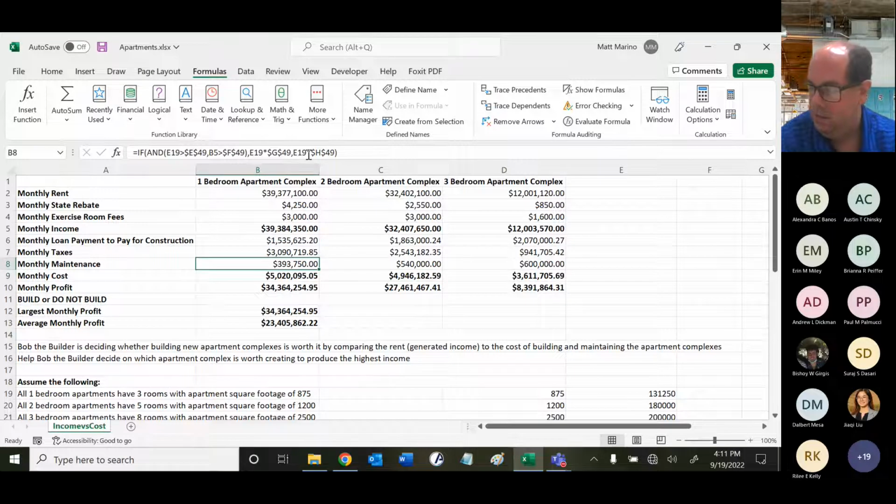Okay. So again, you copy and autofill this formula over. Everywhere it has an E19 here, 1, 2, 3. For the second one, you change to E20. And for the third one, you change to E21.